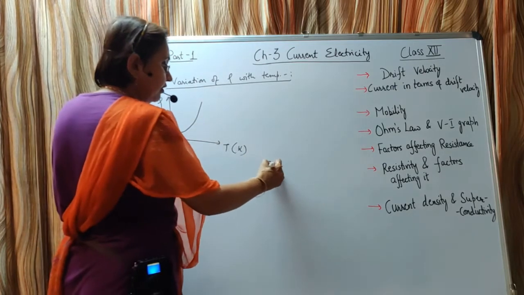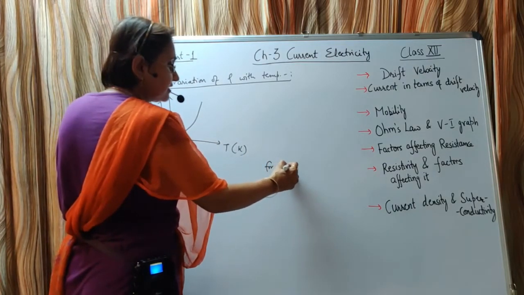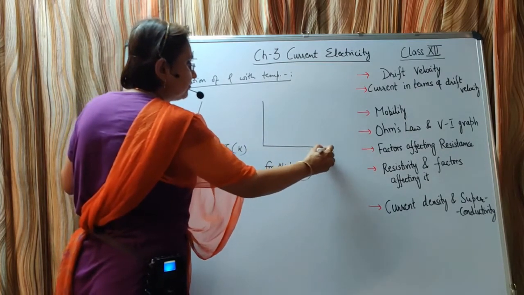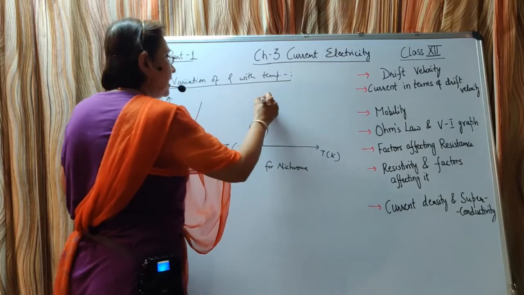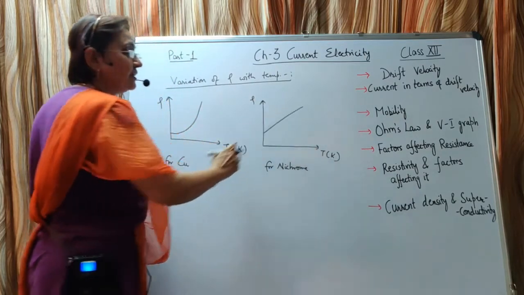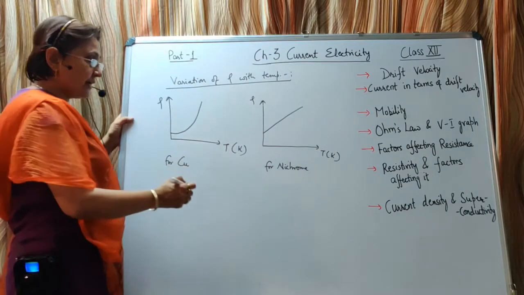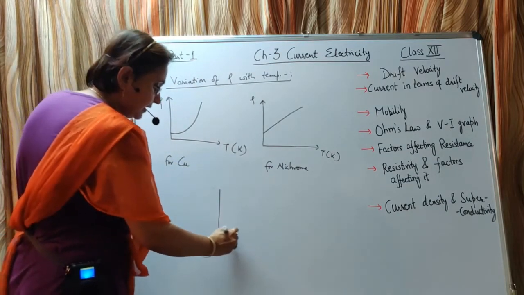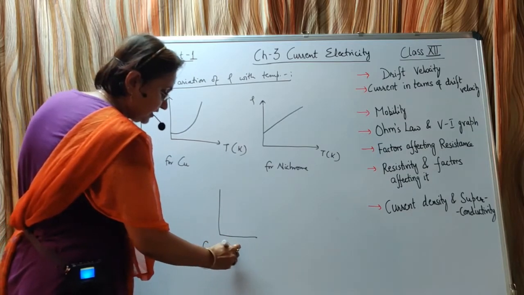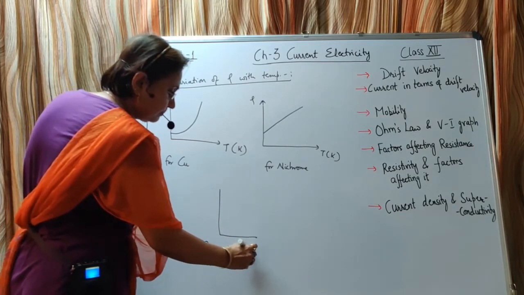Okay, now for alloys, let us take nichrome. For nichrome, the variation of resistivity with the temperature, again it increases. Okay, but it is increasing along a straight line. Okay, for semiconductors, the resistivity decreases with the rise in temperature.